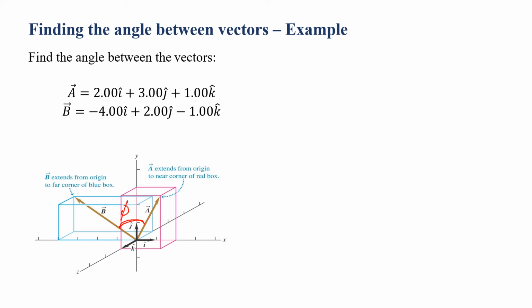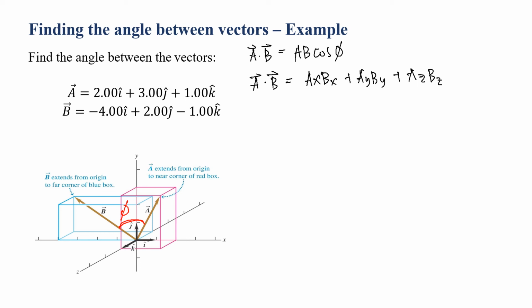Now, what is this angle? Recall that we have two formulas on the previous slides. To find your scalar product, you have your vector A dot B is equal to AB cosine phi, and the other is you have your A dot B is equal to AX BX plus AY BY plus AZ BZ.